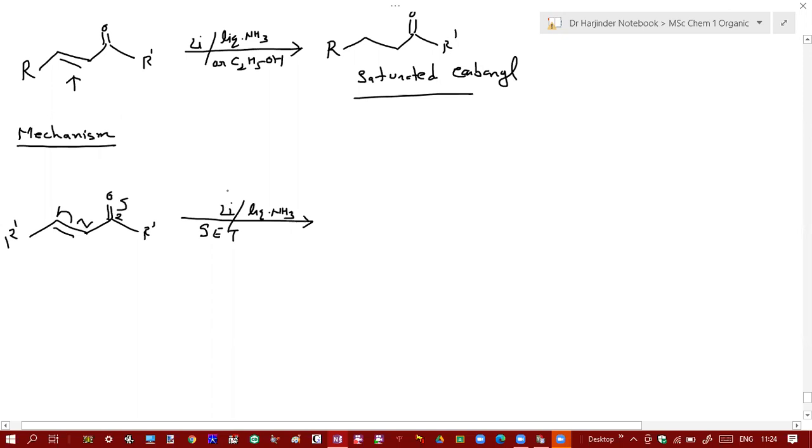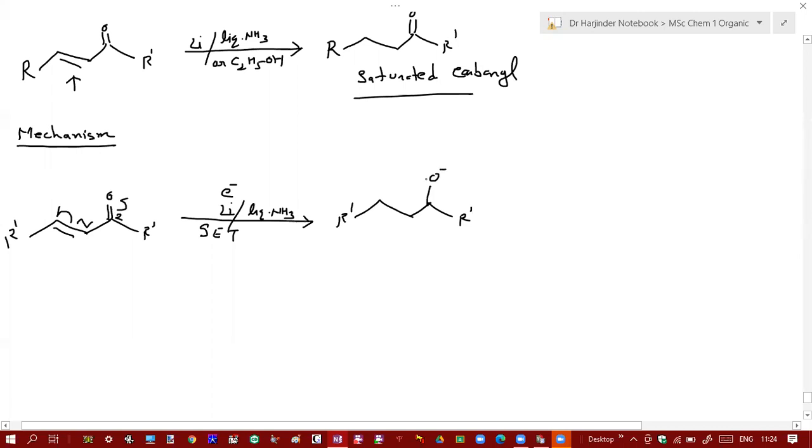Now this single electron, it will go to which atom? That atom will acquire negative charge. Yes, oxygen. Why will it go to oxygen? Because it is more electronegative.